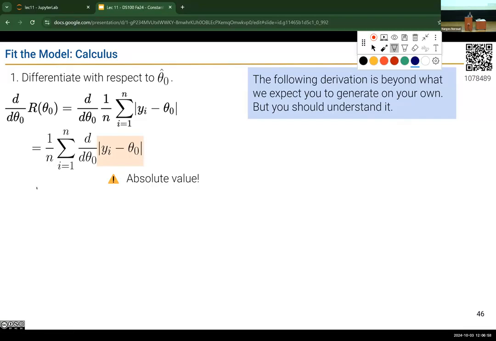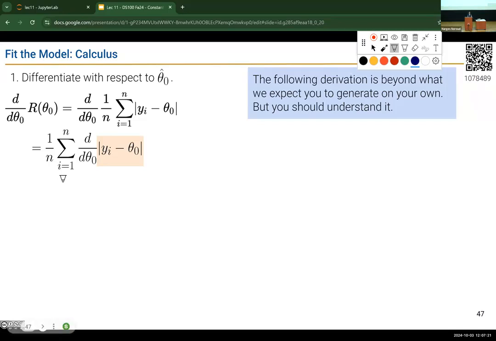So this is the summation of all of these derivatives. But now we'll figure out that if I want to take the derivative of this absolute value function, it is not differentiable. So we have to find a workaround for it. And that's the next thing that we'll do. It's going to be a little bit challenging, but it's not that challenging. So we can do it.